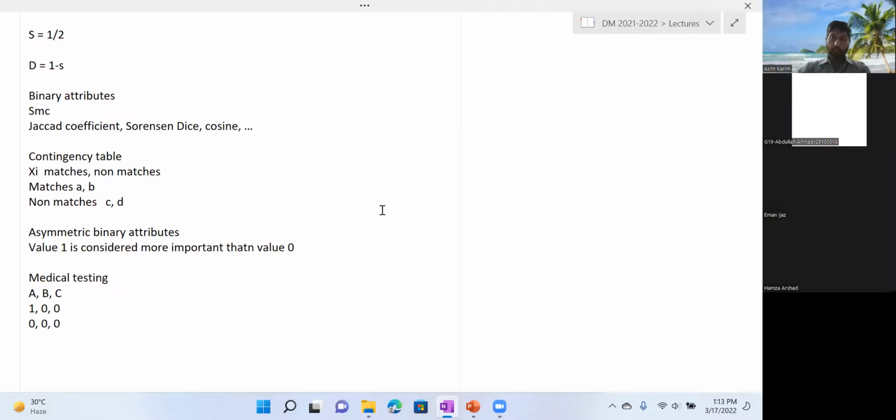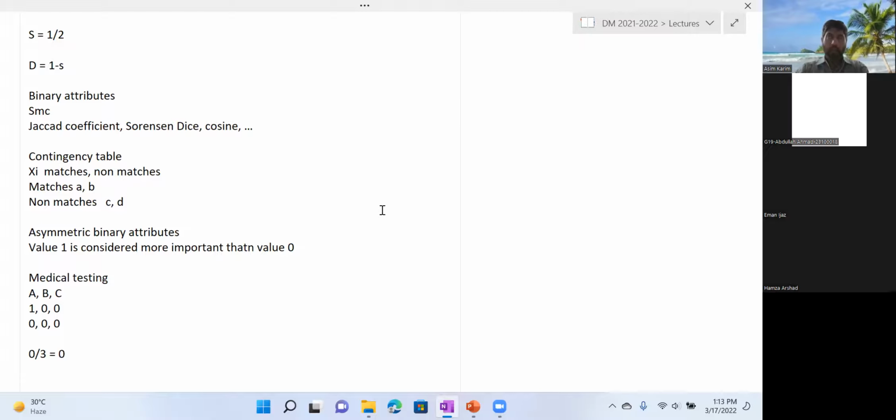We are finding a similarity between the two, so you won't be counting those two as similar. So similarity here would be 0 over 3. You do not count the similarity of zeros and zeros. Only if 1 and 1 were the same, you count it as similarity.